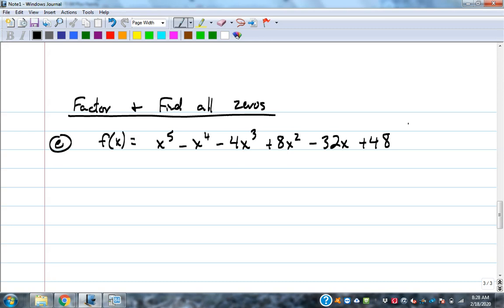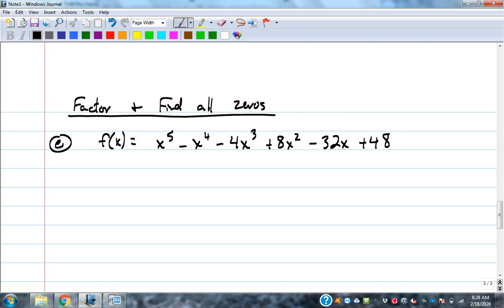So how many zeros should I have? 5 of them. Whatever the highest exponent on the variable is, that's how many answers you're going to find. The polynomial is going to have 5 answers to it total.